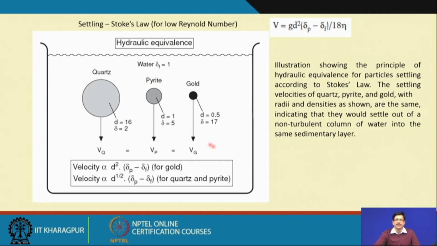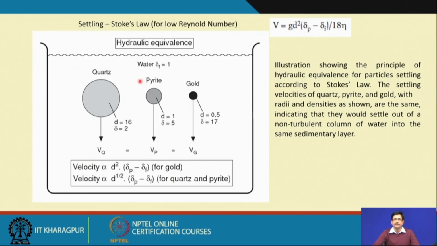This illustration is showing something called hydraulic equivalence, where quartz of a larger diameter, pyrite of an intermediate diameter, and gold of the smallest diameter, where the diameter is 0.5 here, it's 1, it's 16, and their density here, quartz is 2, the pyrite is 5, and the gold is 17, and there we find that the velocity of quartz is Vq and the velocity of pyrite is Vp and Vg.